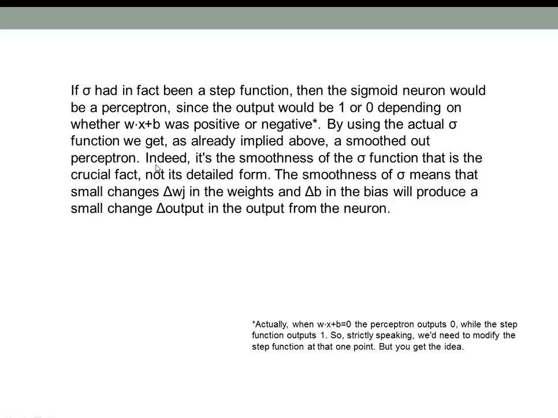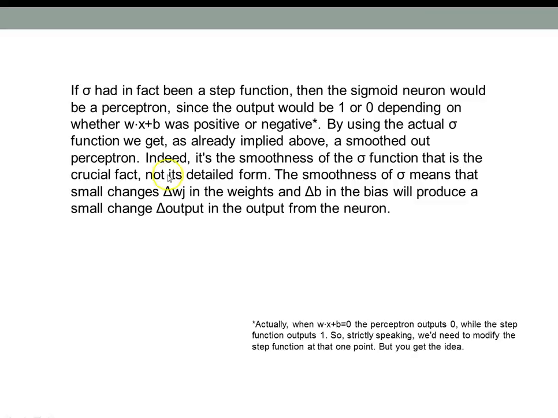The smoothness of the sigmoid means that small changes Δw_j in the weights, or the bias, will produce a small change in the output. That's what we just said.